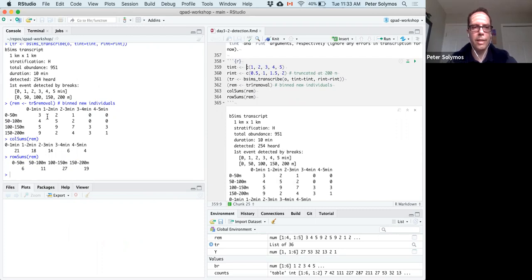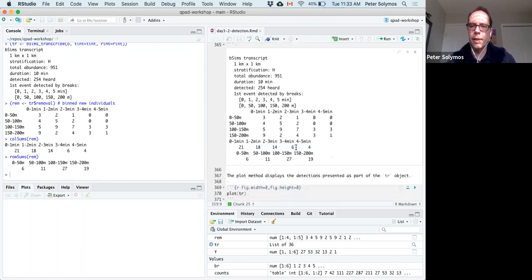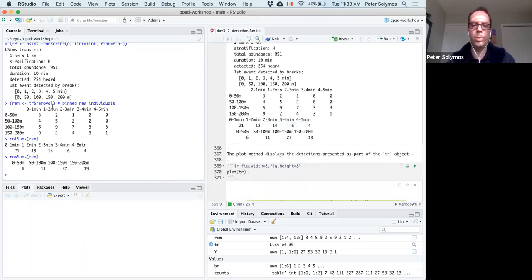So if we look at the sums for each row, then we get the totals for what we need for distance sampling. And if we look at the sums in each column, this is the data we need for the removal sampling. And we assume that these two processes are independent of each other. We are conditioning on the same total number of counts.